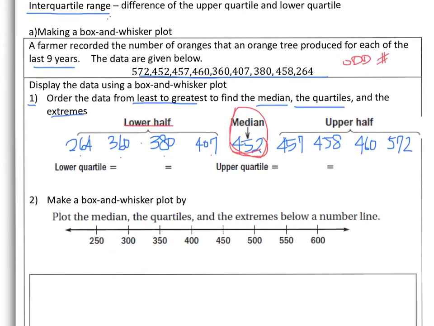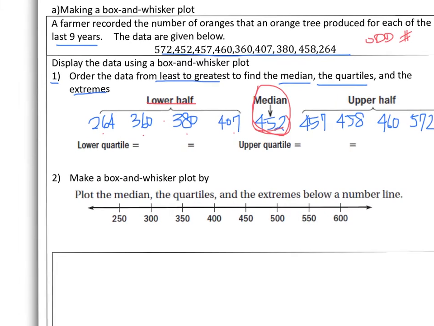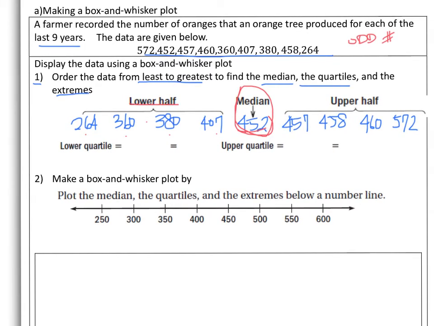So after I divided this data, I need to calculate the lower quartile by taking the sum of 360 plus 380 and then dividing it by 2 to get 370.